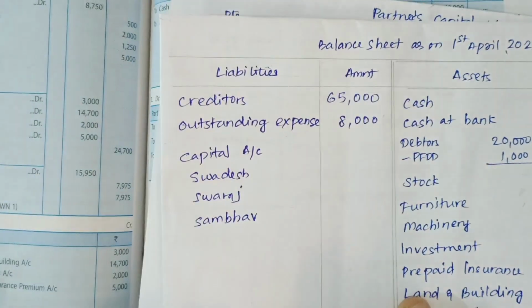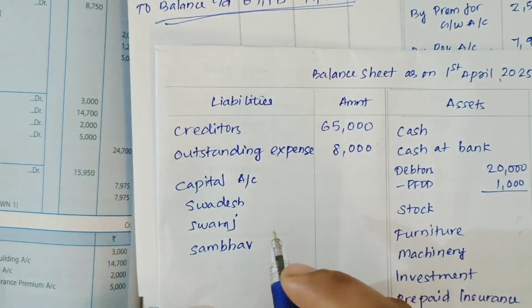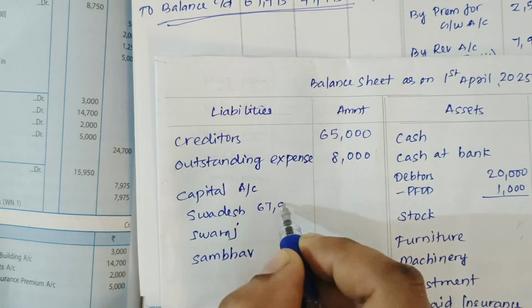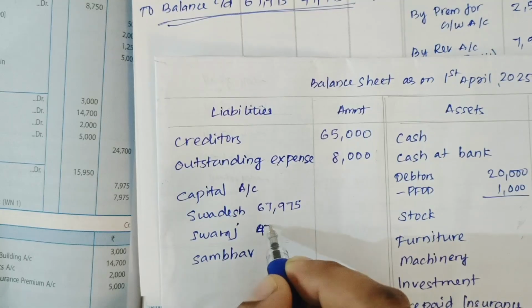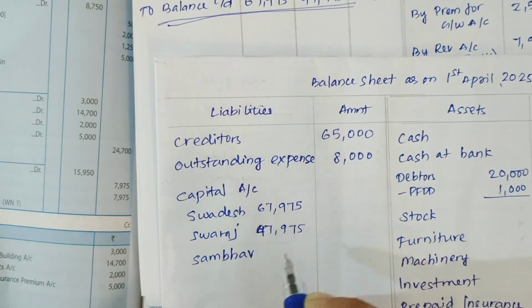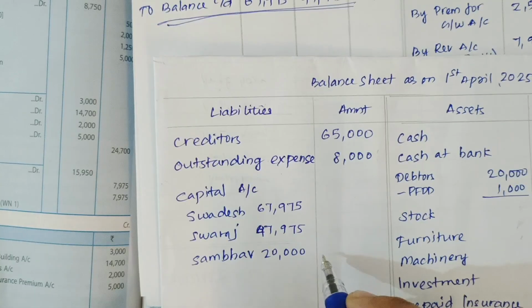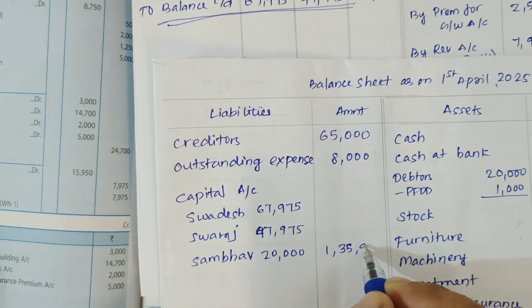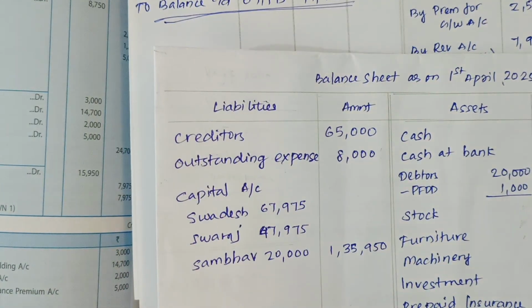So in the balance sheet here we should record the new capitals of the partners. That is, Swadesh's new capital is 67,975. Swaraj's new capital is 47,975 and Sambhav's capital is 20,000. The total is 1,35,950.